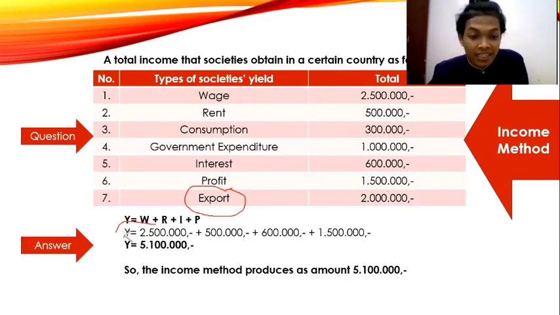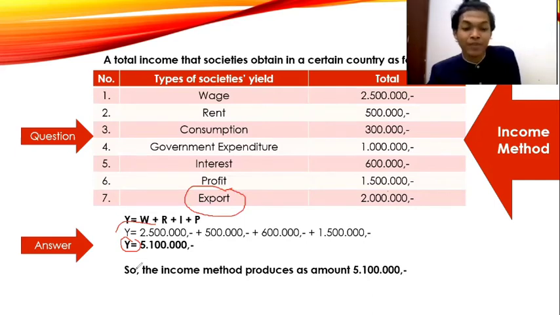So the yield that the societies produce is 5,100,000 rupiah. So the income method produced as amount 5,100,000 rupiah.